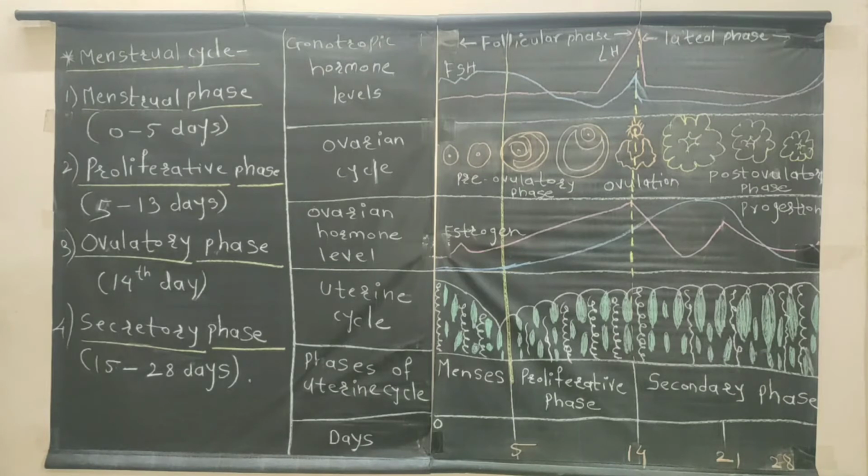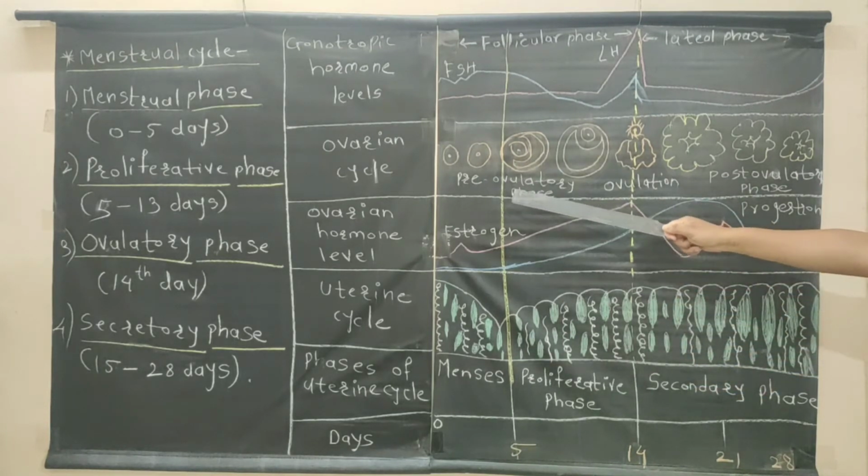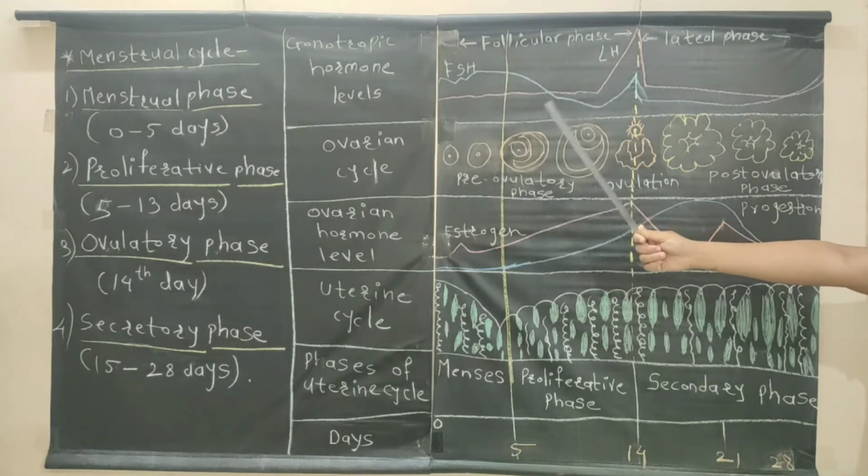So both these hormones increase and decrease in this phase. You can see the ovarian cycle in 0 to 5 days, that means in the first 5 days, there are small follicles. These follicles are primordial follicles or primary follicles.